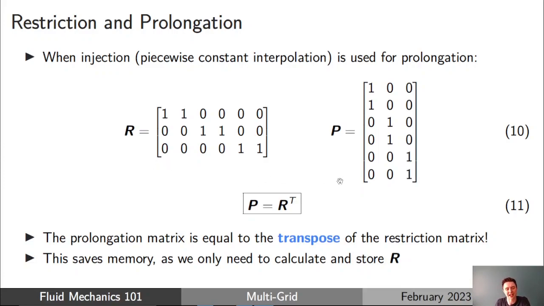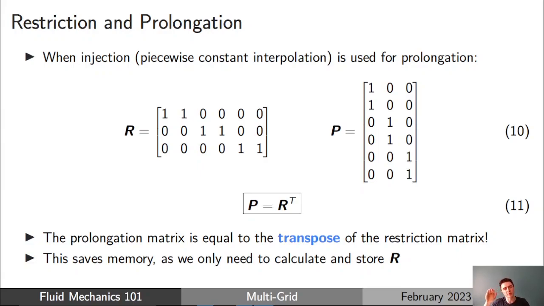But what this result allows us to do, and it's really important, is it means that we only need to calculate and store the restriction matrix, because anytime we need the prolongation matrix, we can just take the transpose and we have it. And this is going to save us a lot of memory in our CFD code, particularly if we're moving between many different layers in a multi-grid method.